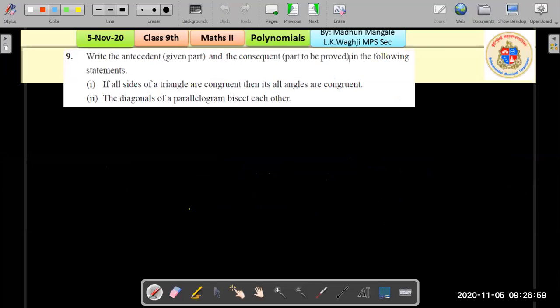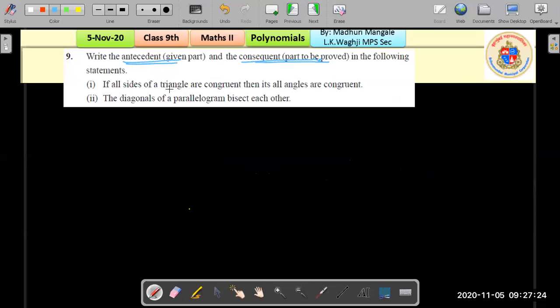And the last one, here write the antecedent and the consequent. So just check, antecedent is the given part, and consequent is the part which is to be proved. All right. So for the first one, if all sides of a triangle are congruent, then all its angles are congruent. The first part is the antecedent.